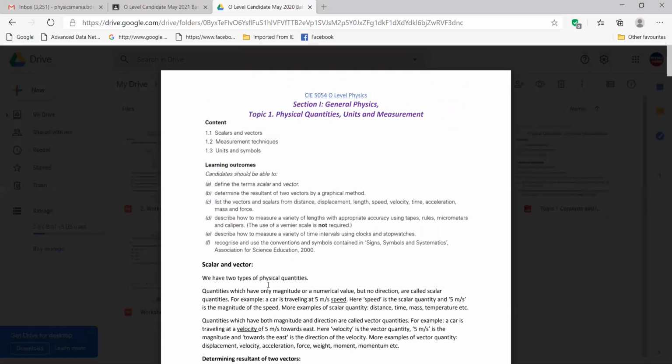If you don't have a printer, you have a physics copy for our coaching, right? So what you will do, you will write worksheet 1, the topic name, then you will give the answer. MCQ part.